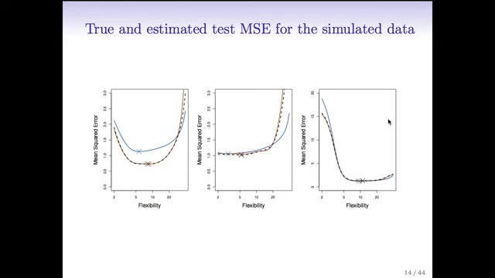This is mean square error for simulated data. The true error curve, how do we get that, Rob? Well, it's simulated data, so we can get a very big test set and estimate the error exactly. Leave one out cross-validation is the black broken line, and the orange curve is tenfold cross-validation.